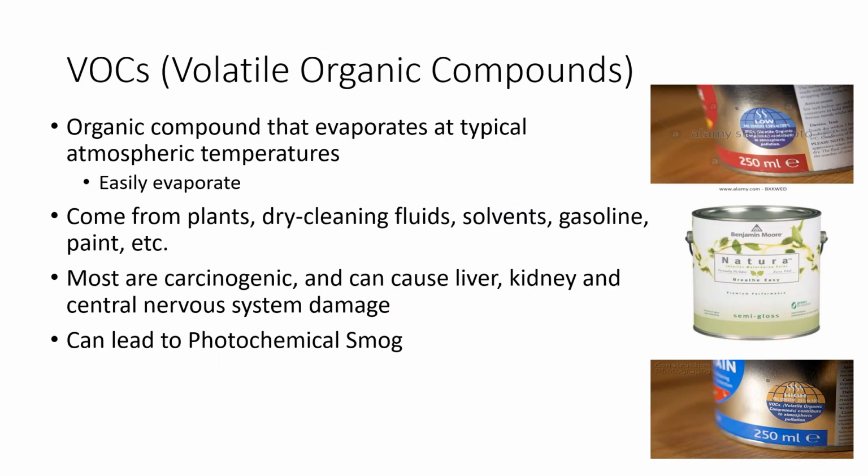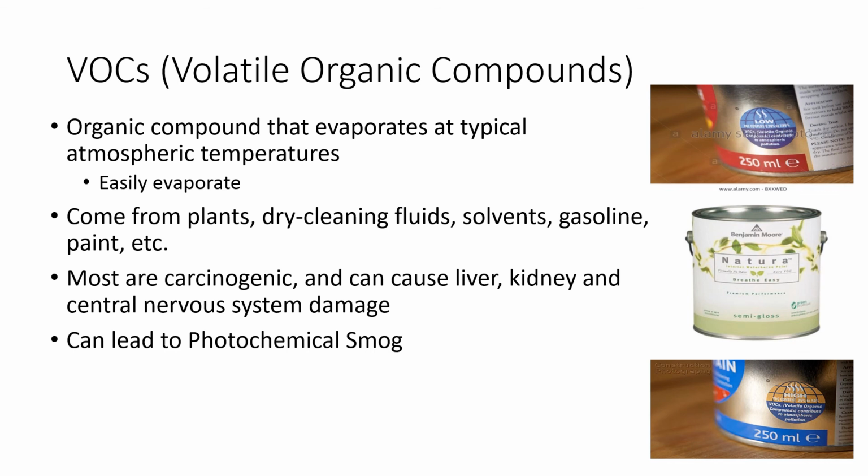Another air pollutant is called volatile organic compounds. Basically, it's any organic compound that evaporates really easily. So probably on a paint can, you'll see that a paint has low or no VOCs. But like that smell of gasoline or any kind of solvent or whatever it may be, right?